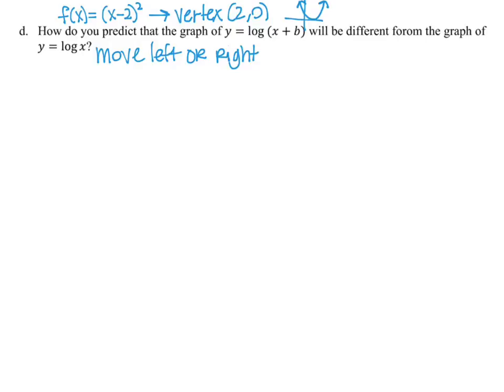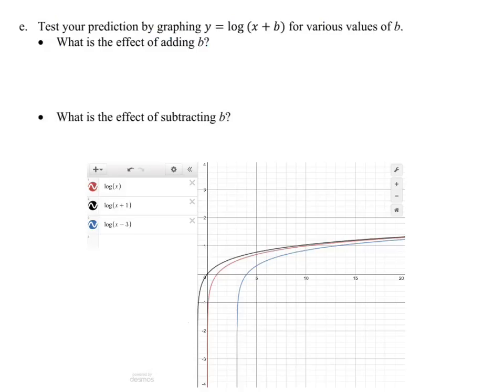So let's look and see, does that happen? What would be the effect of adding b? What would be the effect of subtracting b? I've already put some graphs on Desmos. I have log of x plus 1, which is the graph on the left, and log of x minus 3, which is the one on the right.